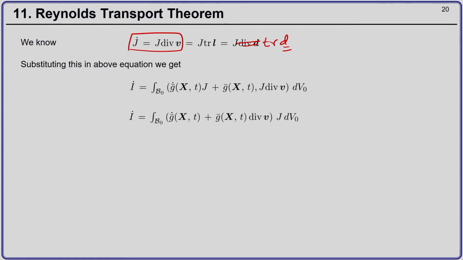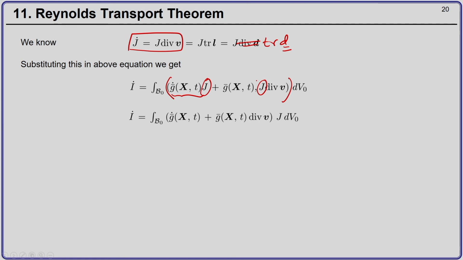If I use this, I can write g bar dot J plus g bar J divergence of v times dV0.